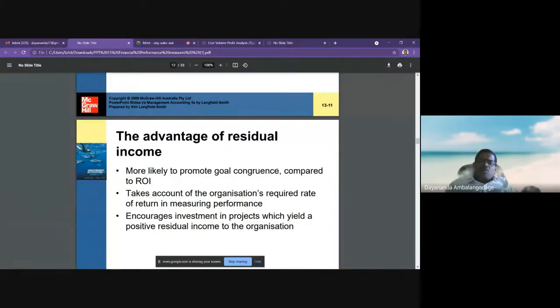I will explain the meaning of goal congruence. Goal congruence means when there are many businesses, all groups work according to one direction. Like in your family, if there are 5 members and they are all behaving in different ways, it's very difficult to maintain the family direction.